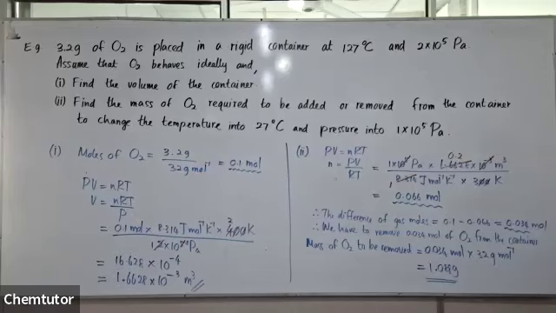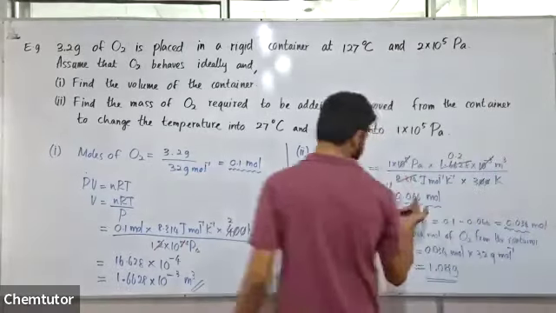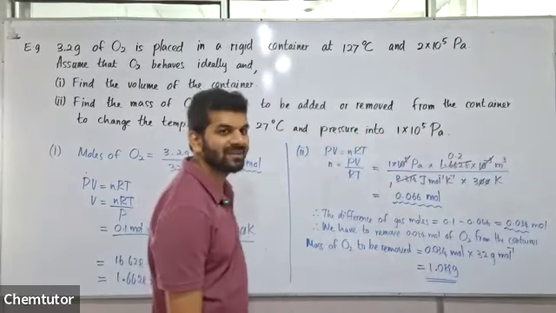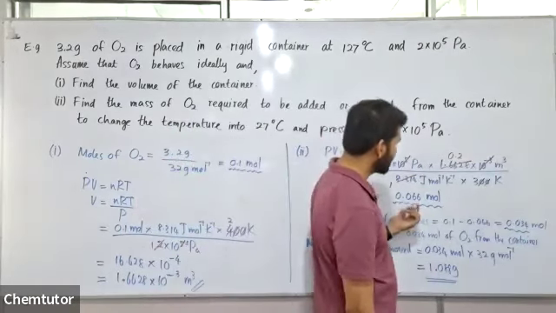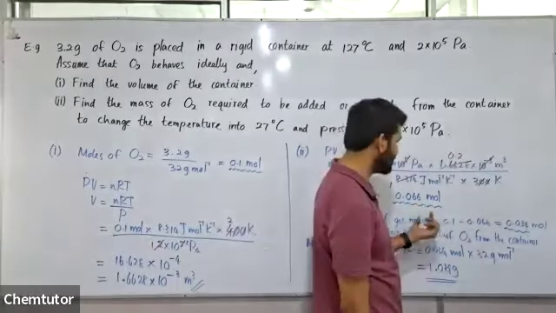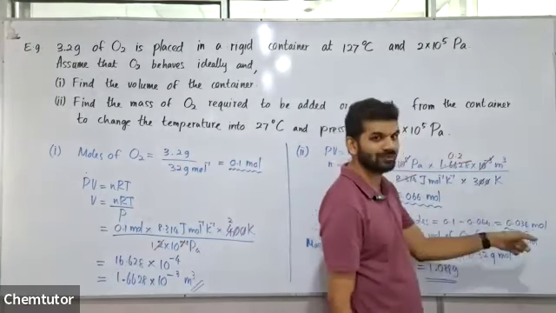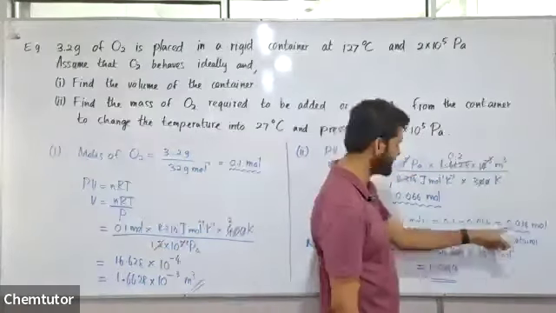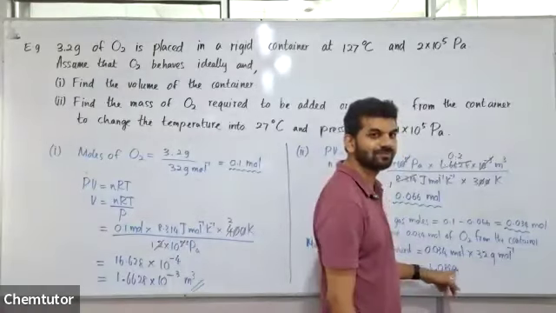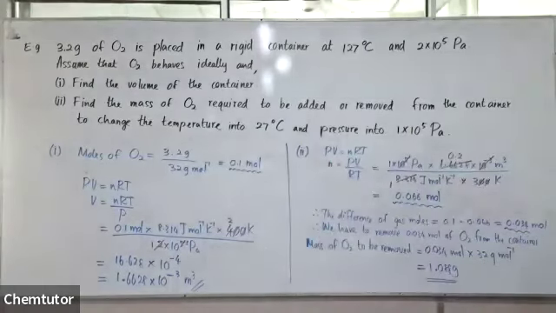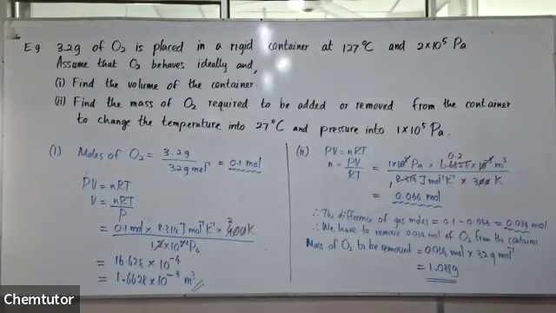Okay, now online is asking me what if the answer is taken to the second decimal place, 0.06. If we take 0.06, then the difference will be 0.1 minus 0.06, so that will be 0.04. So 0.04 will be multiplied by 32. What will be the answer then? Yes, 1.28.